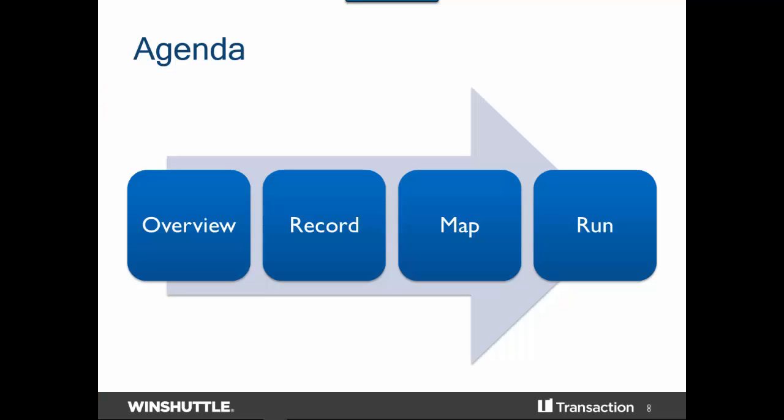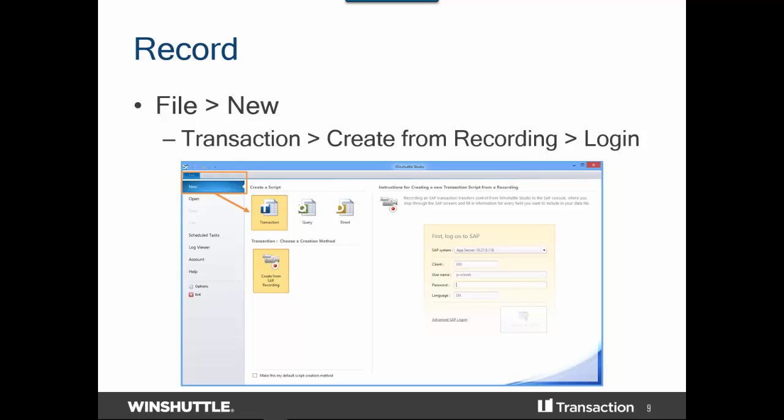This video addresses how to record SAP transaction codes with Winshuttle Studio Transaction. First, you'll launch the Studio product and go to File, New. You'll then select Transaction, Create from SAP Recording, and then log in to your QA or test SAP system.